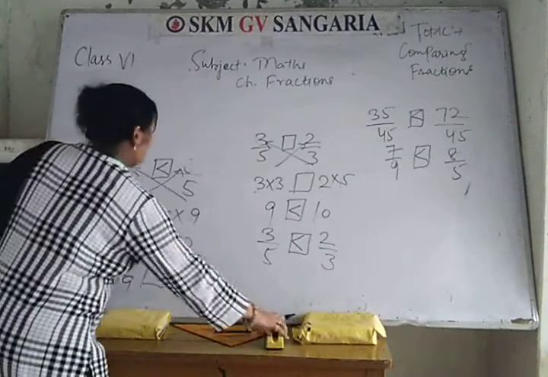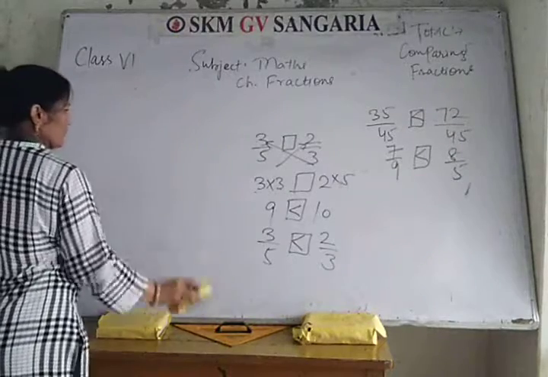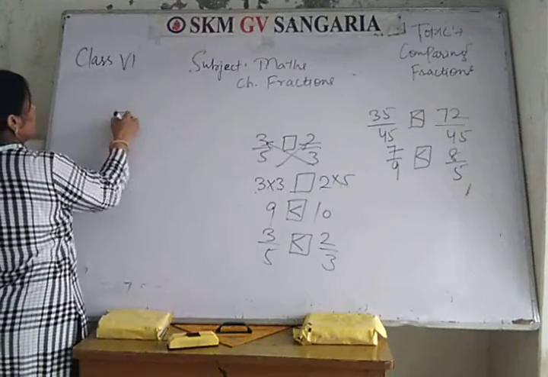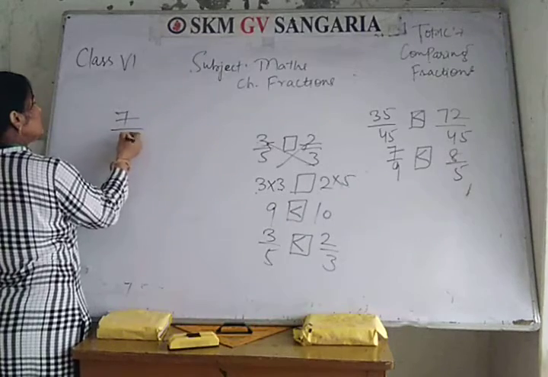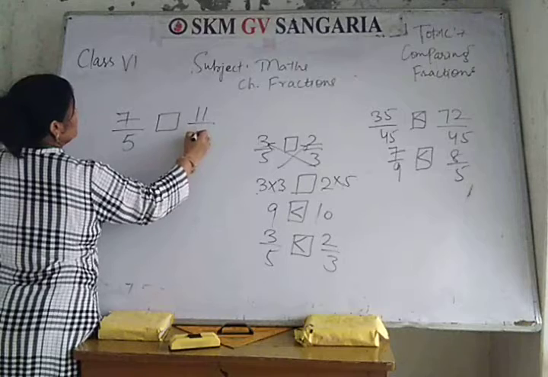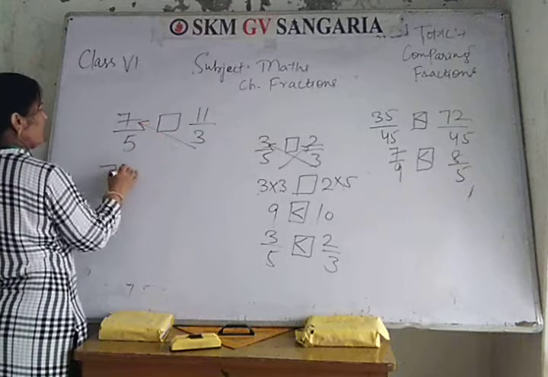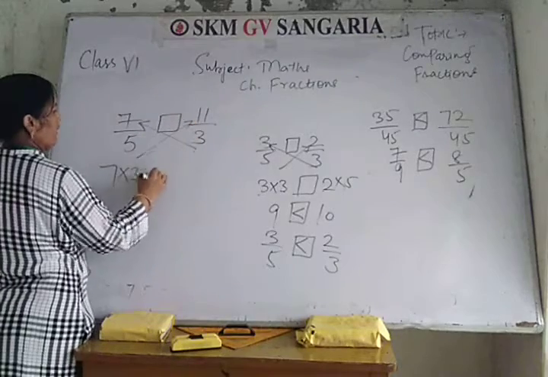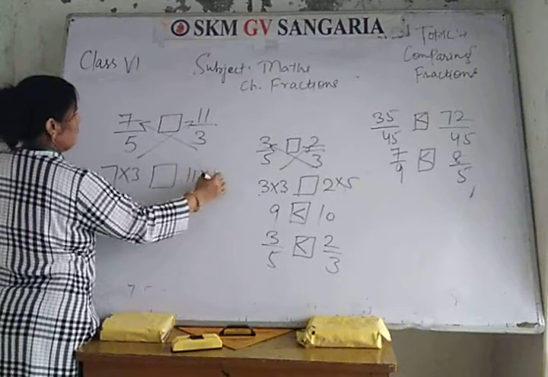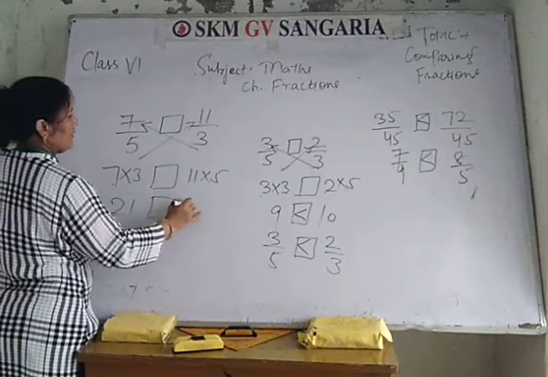You can take one more example. 7 upon 5 and 11 upon 3. Okay. So cross multiply 7 by 3 and 11 by 5. 7 3s are 21, 11 5s are 55.